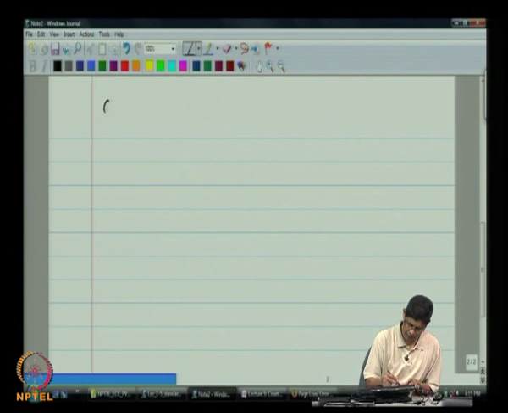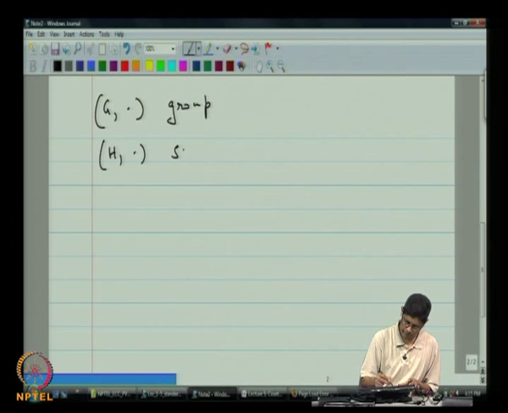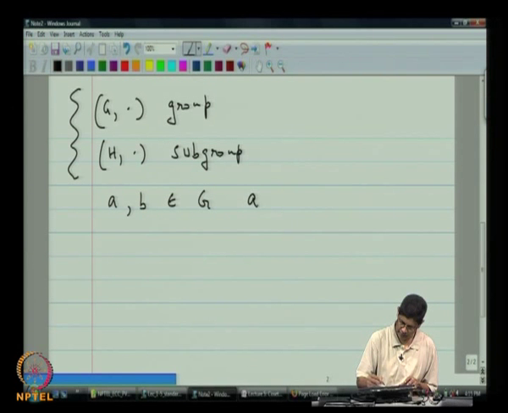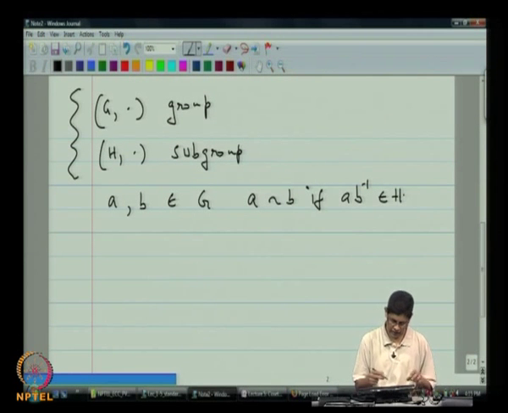We had a group, and then we had a subgroup, and we defined an equivalence relation on the group by saying that if A, B are in G, then A is equivalent to B if AB inverse is in H, and we saw last time that this is an equivalence relation.